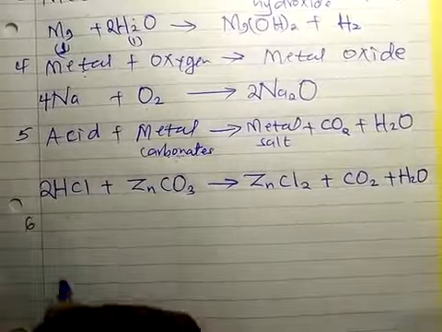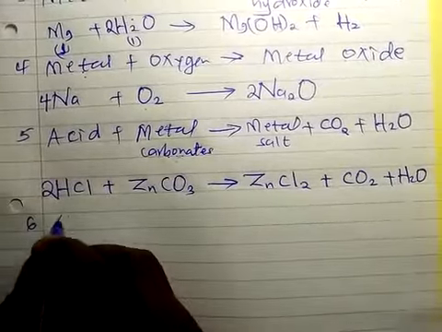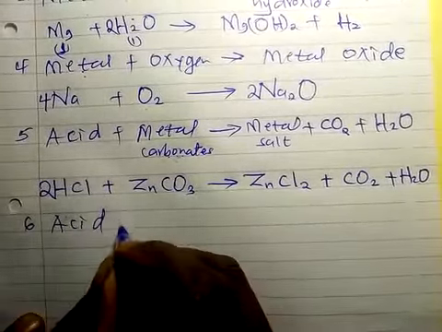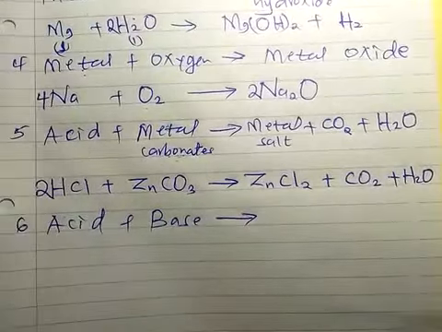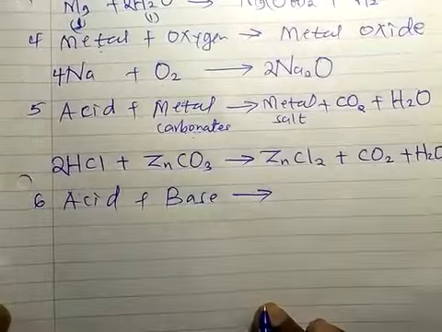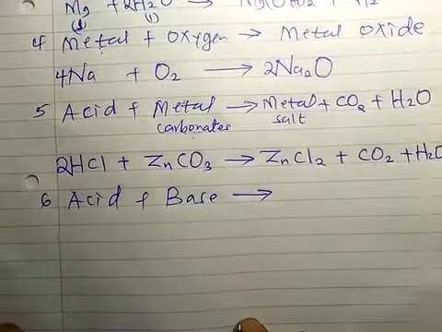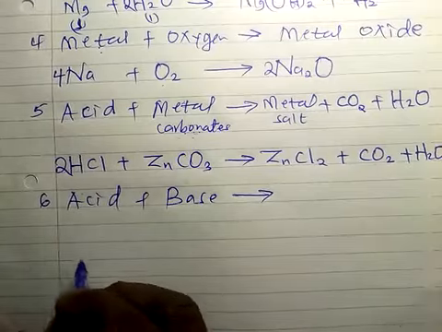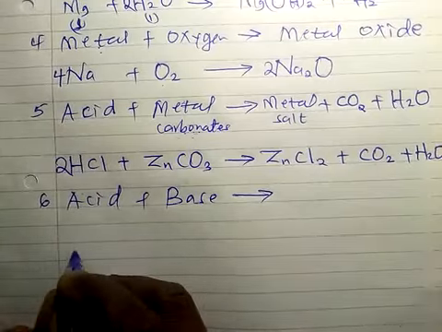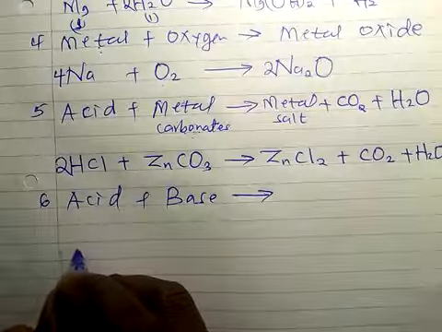Number 6, an acid plus a base. First, I realize very many people do not know what bases are. We have 2 types of bases. Let me describe them shortly.